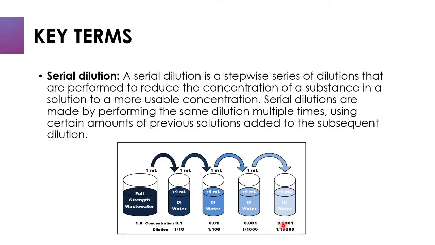As you can see from this picture, we prepared a lower concentration of 0.0001 molar from a full strength wastewater of concentration 1.0 molar. To prepare this, we can first dilute our stock, which is the full strength wastewater of concentration 1.0 molar, to a lower concentration of 0.1 molar.